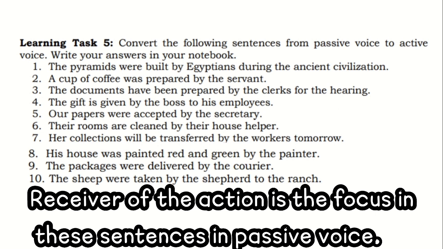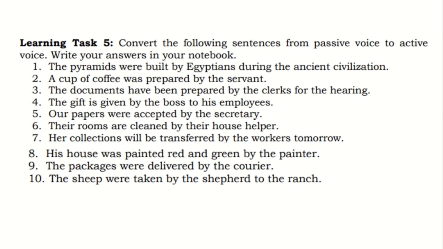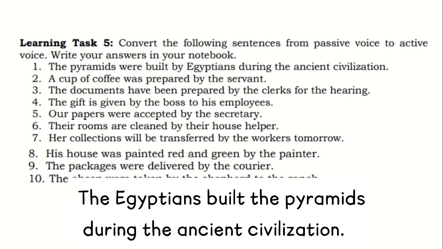Since the object is in the subject position, the pyramids were built by, this is in passive voice. So the task is for you to convert this sentence to active voice. So the answer is, the Egyptians built the pyramids during the ancient civilization.